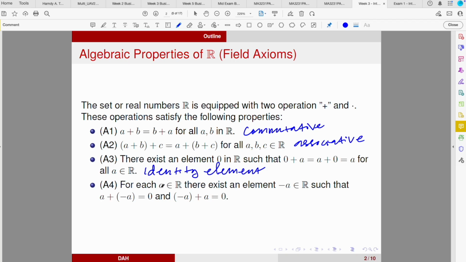And this one: for each real number a, there exists minus a, such that a plus minus a equals 0, and minus a plus a also equals 0. This is called the additive inverse, the inverse under the addition operation.